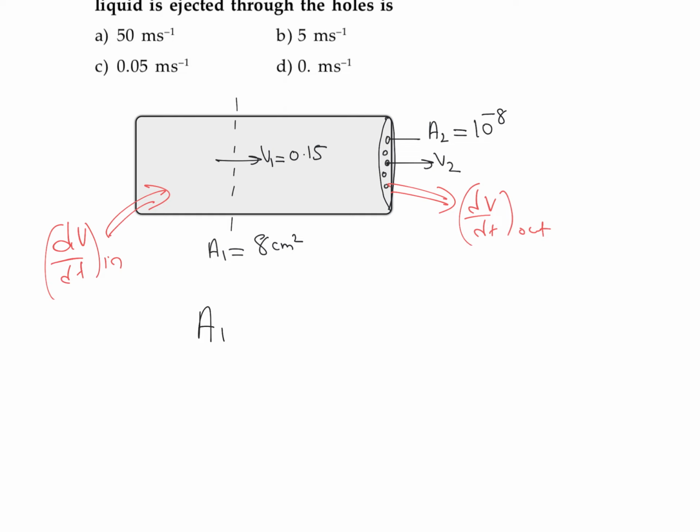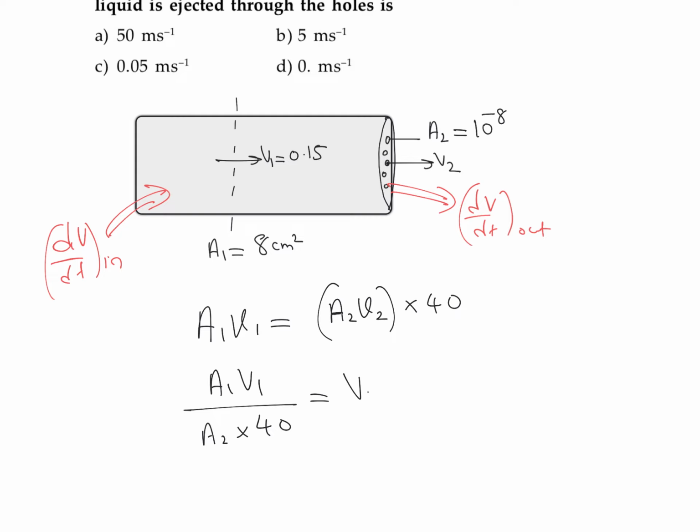So we can write A1 V1 is equal to, for a single hole of area A2, if liquid is coming out with velocity V2, this will give the value of volume flow rate through a single hole. Such 40 holes were there, so we multiply by 40, and we want to find the value of V2. So A1 V1 divided by A2 into 40 is going to give the value of V2.